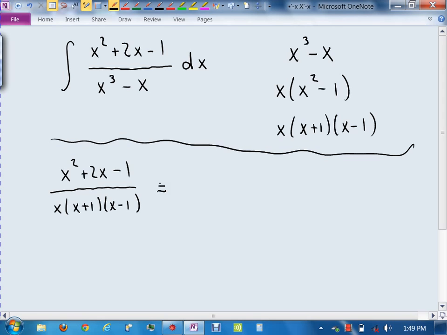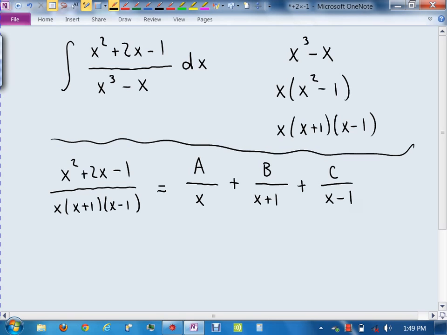So for each linear factor, I need a number over it, right? So it's going to be A over x, because x is a linear factor. X is just like 1x. Okay, plus B over x plus 1, and then plus a third one, C over x minus 1.